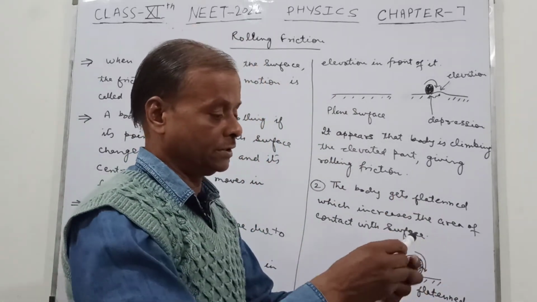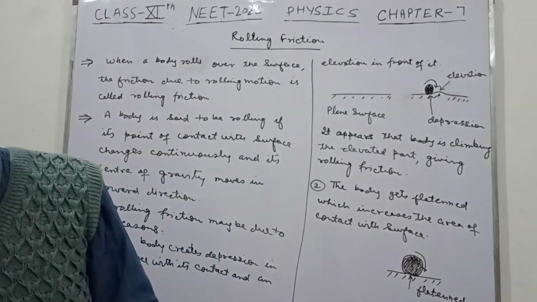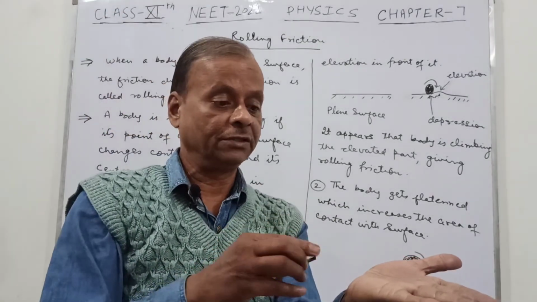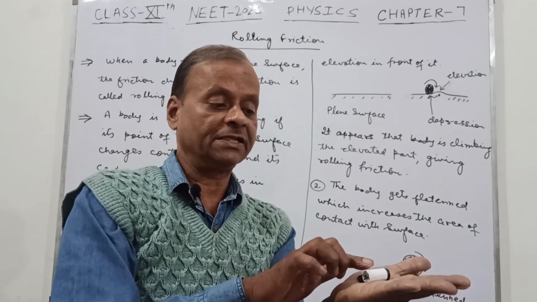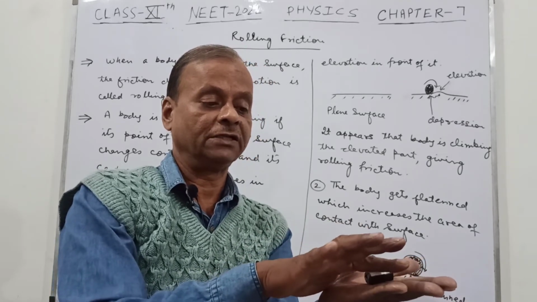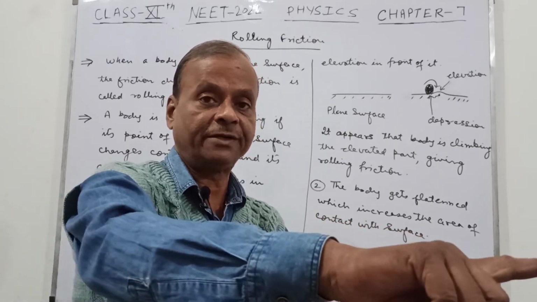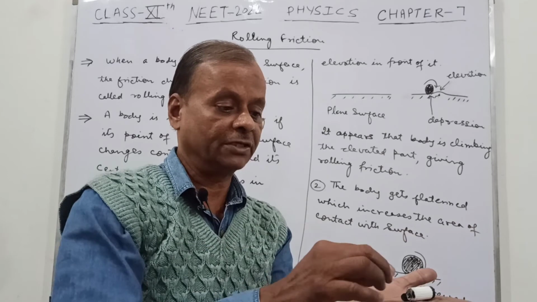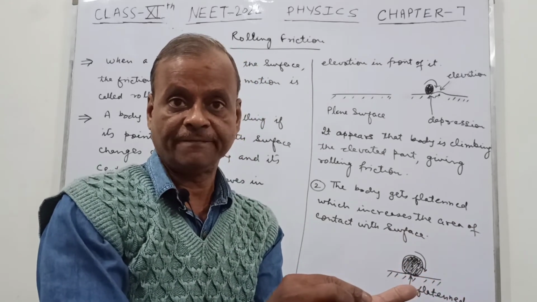Now we are having the surface, and suppose this is the body, and it rolls in this way. The center of gravity goes in the forward direction, but the point of contact with the surface changes.